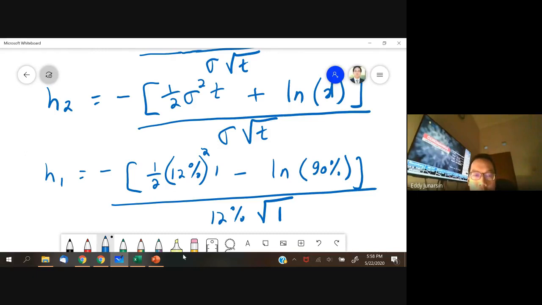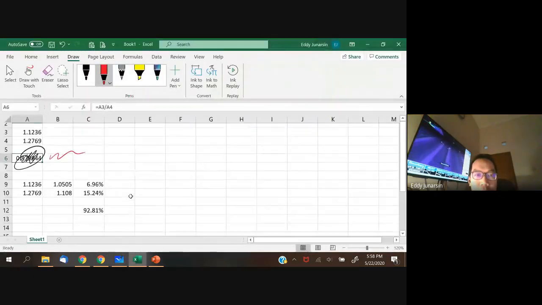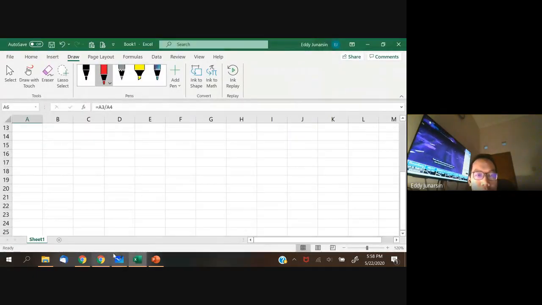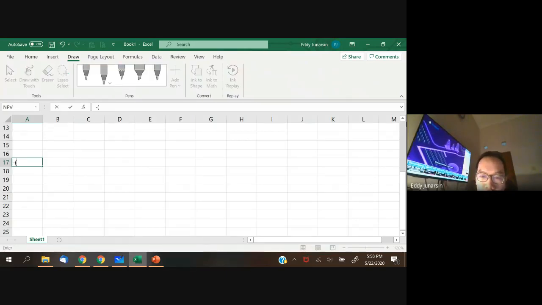It's minus, right, for H1. Okay, so we'll do it in Excel. So we'll start from the numerator. So what's that? Half times, what's it again? 5% squared times what's that? 1?